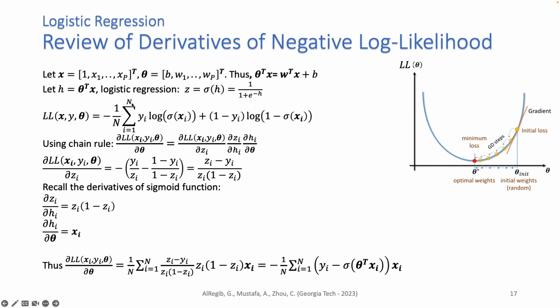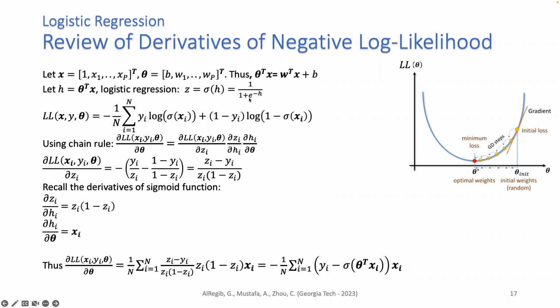Now, I want to write this theta transpose times x as an h, and then the sigmoid of w transpose x plus b is nothing but the sigmoid of theta transpose x, which is the sigmoid of h. So I have 1 over 1 plus e to the negative h.